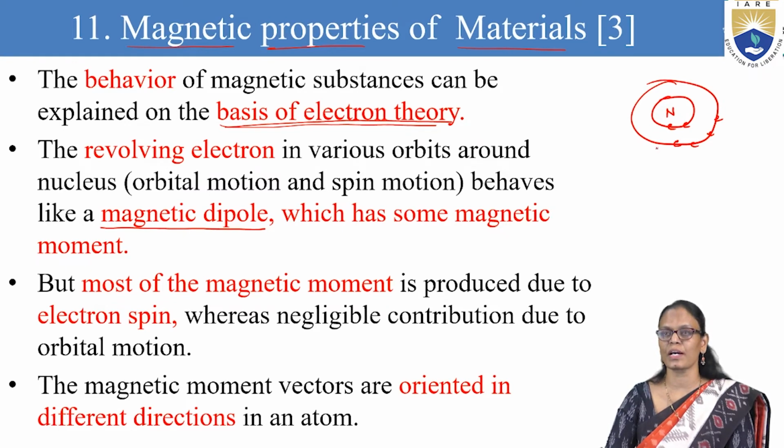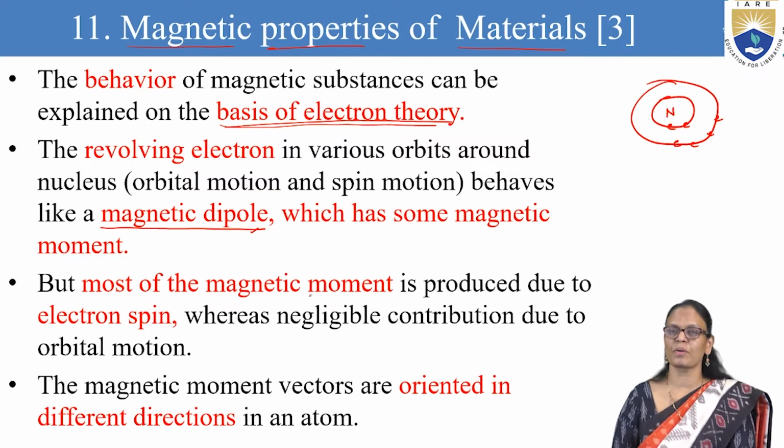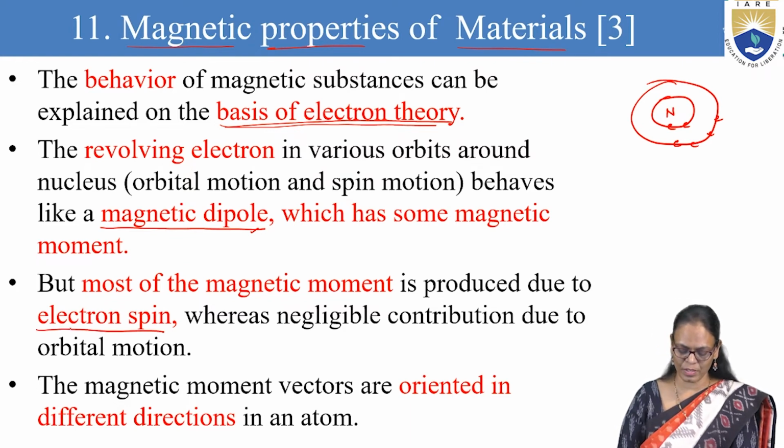That gives rise to a dipole, and whenever we have a dipole, it gives rise to magnetic moment. Most of the magnetic moment is due to electron spin.